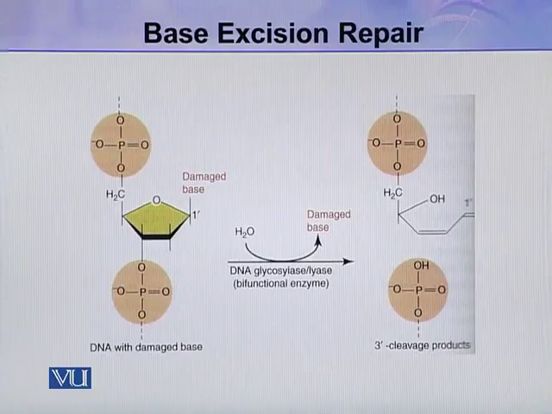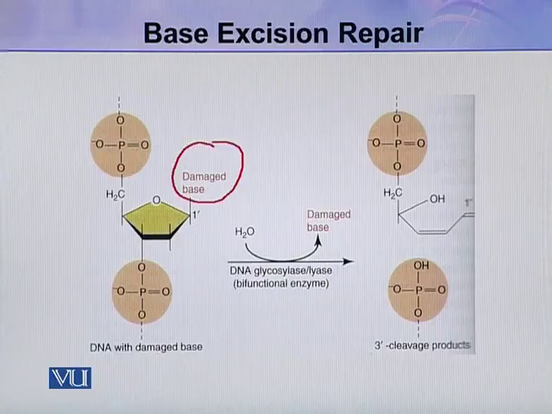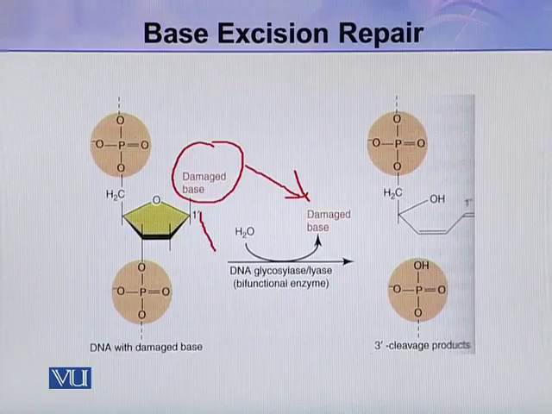This is the example of a reaction catalyzed by DNA glycosylase lyase activity. Again, this is the damaged base, and after the cleavage of this glycosyl bond, the base is directly removed, and this DNA is produced with an abasic site. There is no base.